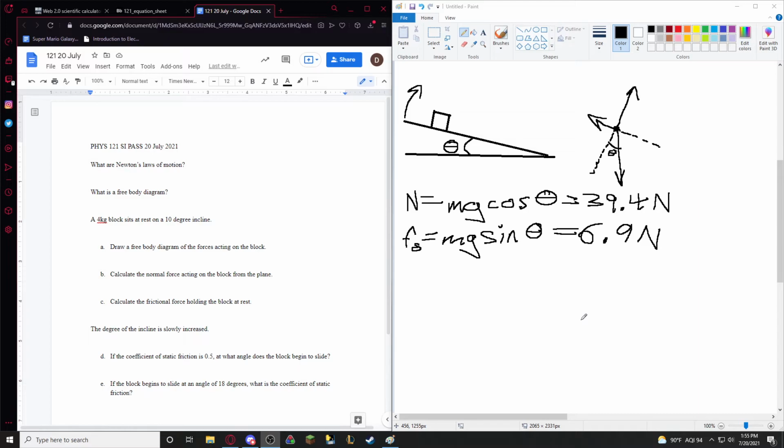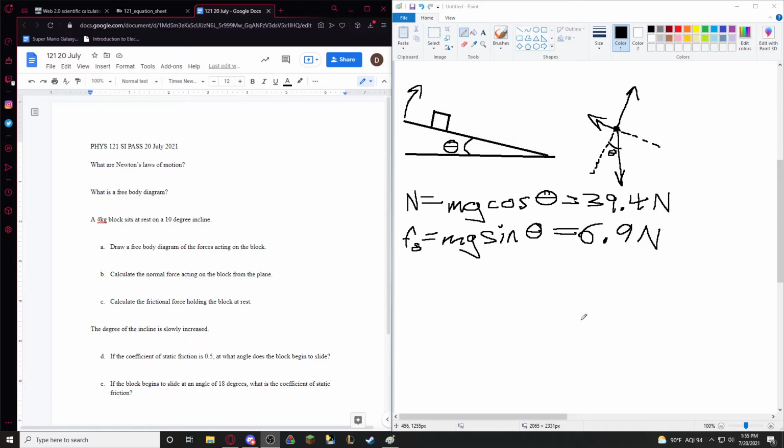So how would it change? How did our normal force change as the angle increases? As the angle increases, it would get smaller, right? Yep, and why is that?